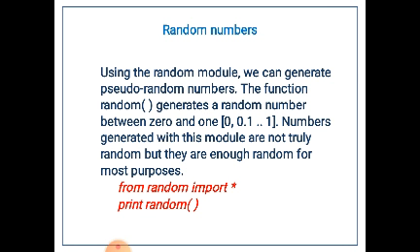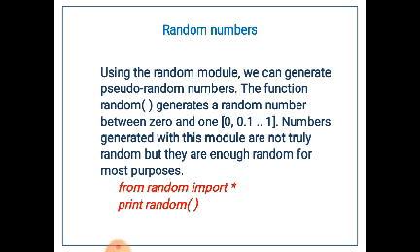Now this is a quite interesting topic in Python. Here we can see how to generate random numbers using the random module. Using the random module, we can generate pseudo random numbers.